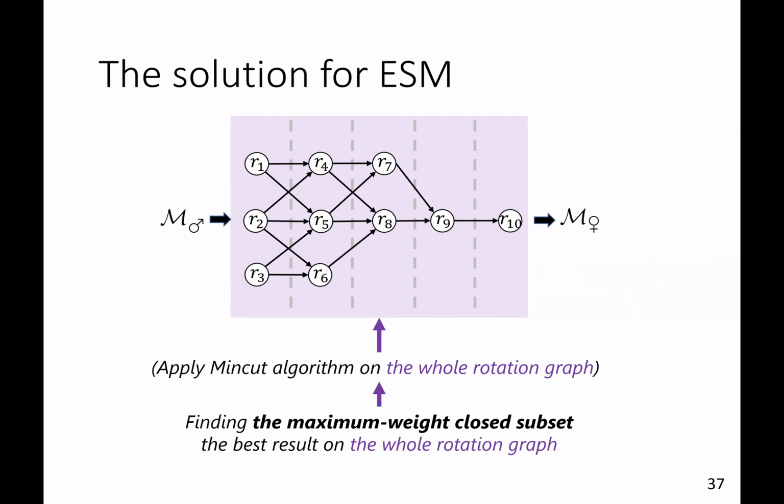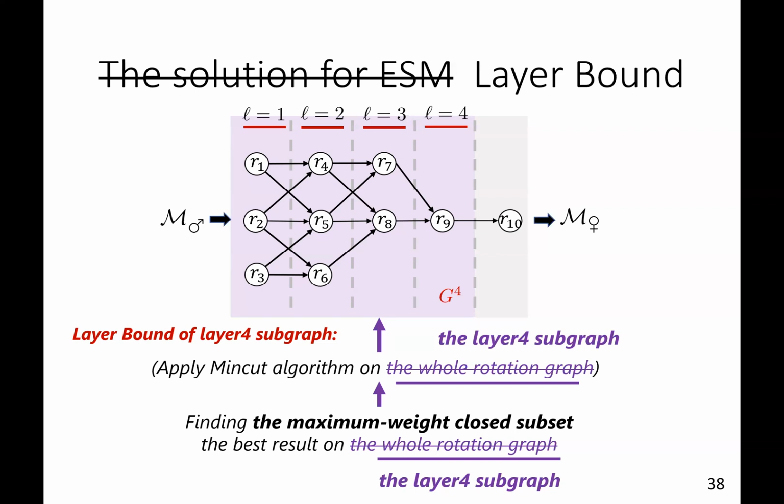The solution for the egalitarian stable marriage is to apply the min-cut algorithm on the rotation graph to find the best closed subset globally. The layer bound is to apply the min-cut algorithm on a subgraph to find the best closed subset on that subgraph. Each time we remove an outlier.